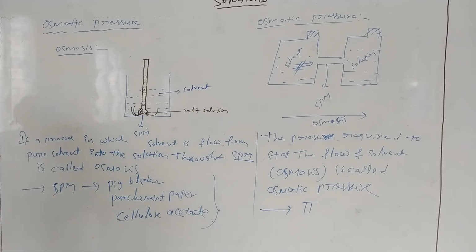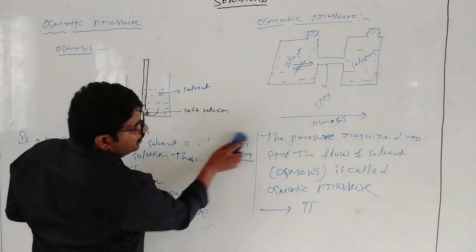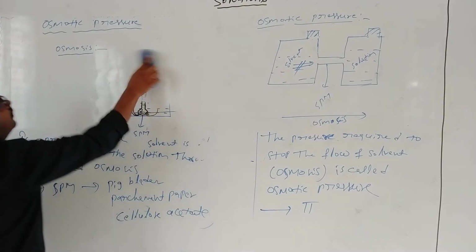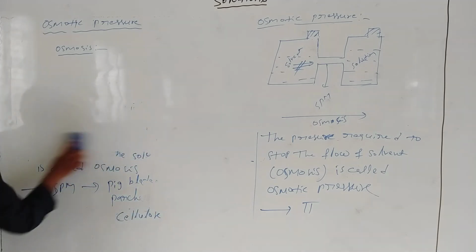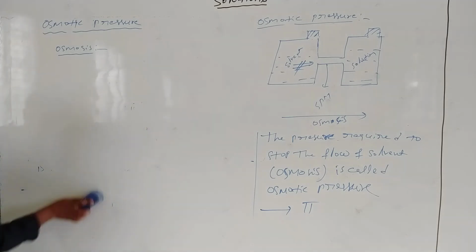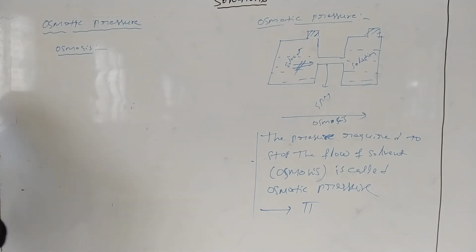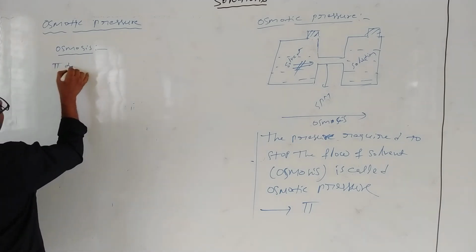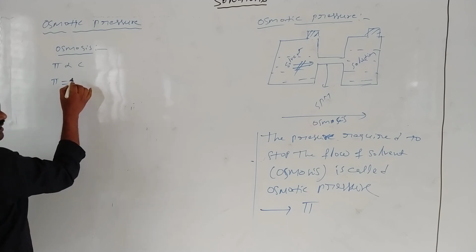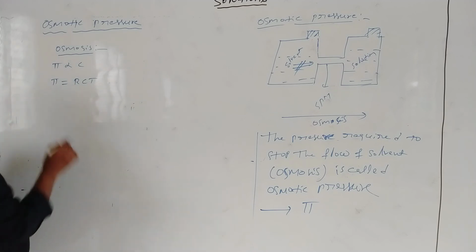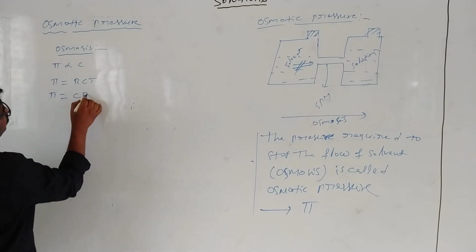Now, what is the relation with concentration? How do we calculate the molecular weight of the solute by using osmotic pressure? See here. Actually, pi is directly proportional to C. Now, at a particular temperature, pi is equal to a constant, that is R, times C, times T. So pi is equal to CRT.